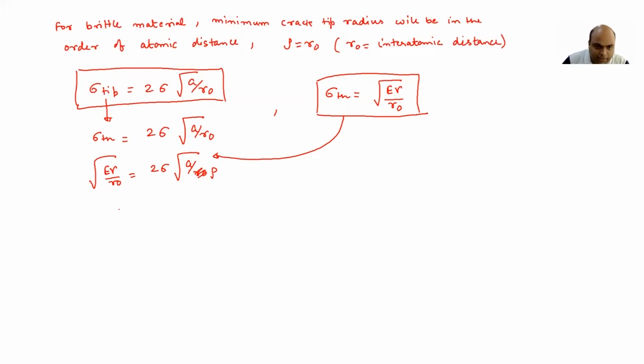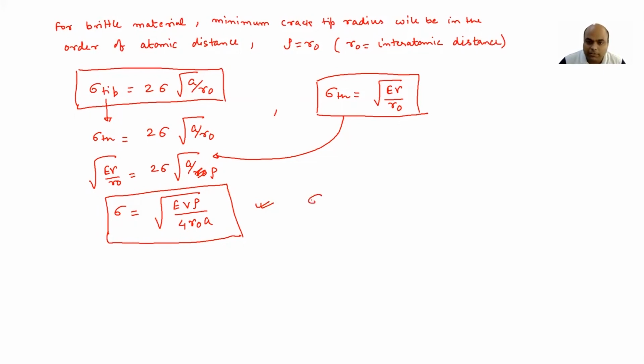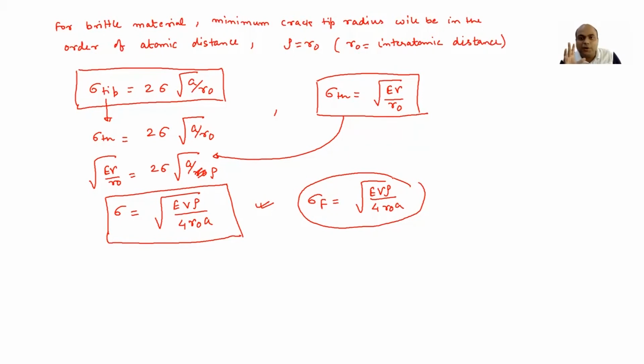So now sigma can be written as root over E gamma rho by 4 R naught A, or we can just write it as sigma fracture, because we have replaced sigma tip by sigma TH. So you can actually calculate the fracture stress for brittle material.